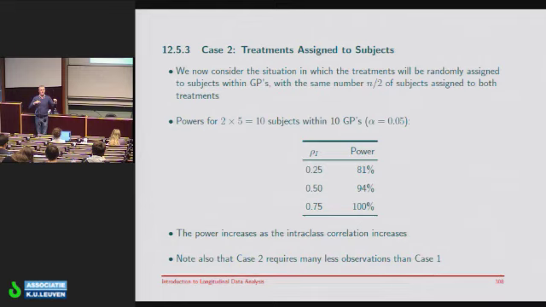In the previous case, it was between the doctors, between the clusters. Because half of the doctors got treatment A, the other half got treatment B. So if you want to compare treatment A with B, it's between the clusters that you're doing a test. While here, it's within the doctors you're doing a test. And then the correlation is good for you. The more correlation, the better, because a lot of correlation means a lot of between-doctor variability.